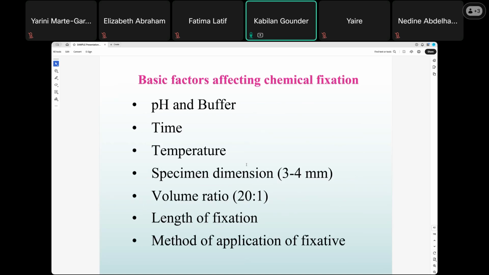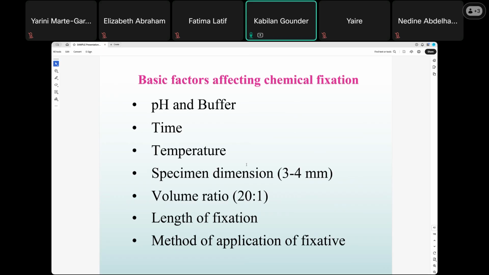Basic factors affecting chemical fixation: pH and buffer. When you process the samples, the stability of the sample all depends on how you preserve, and also the preservatives and other things.